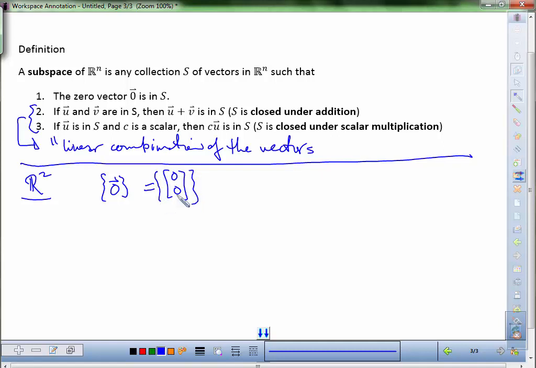So the zero vector is a subspace. 0's in S, clearly. If you have two vectors in there, we really only have one, but if you add those two vectors, 0 plus 0, it's still going to be 0. Let's write it down, just to be technical.